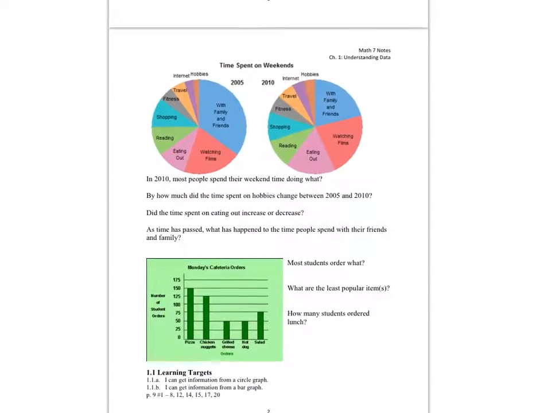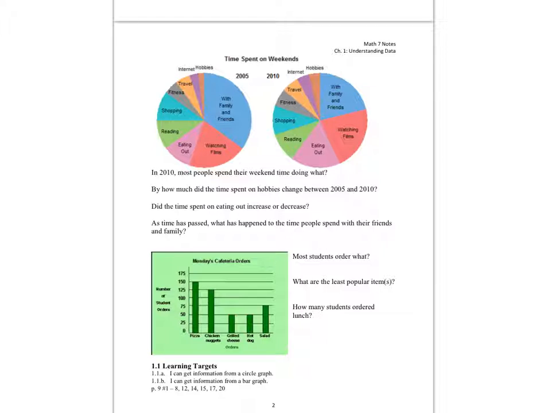So now let's look at a couple of them here. When you look at these two graphs, or pie charts, circle graphs, we have to notice a couple of things. The colors are similar between the two, right? So the red on the right and the red on the left should be the same thing.